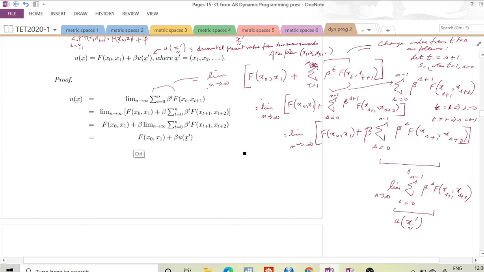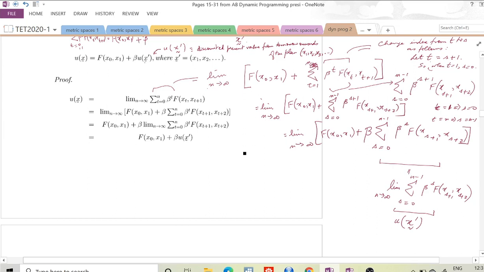So once again, what is this lemma? It's saying take any feasible plan, then it must be true that the discounted present value from this feasible plan starting at t equals 0 is equal to the current reward at t equals 0 plus beta times the discounted present value of the rewards starting from t equals 1. That's all.